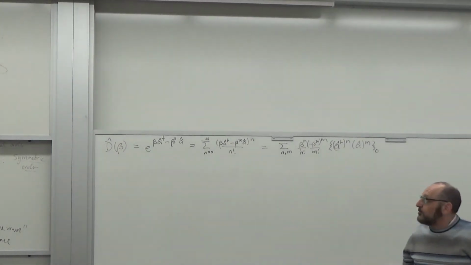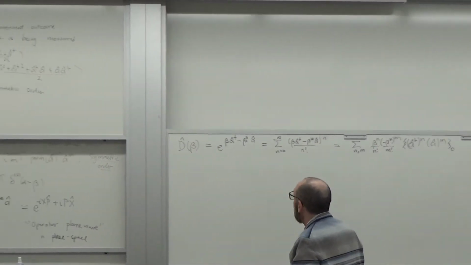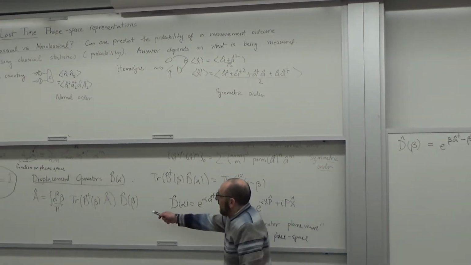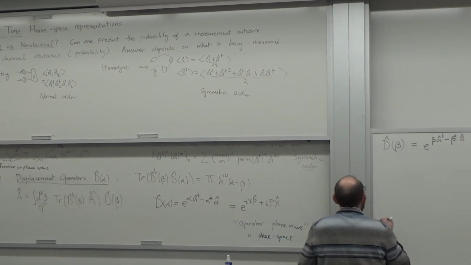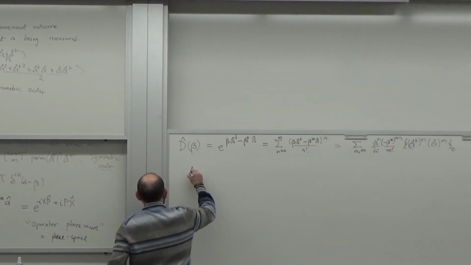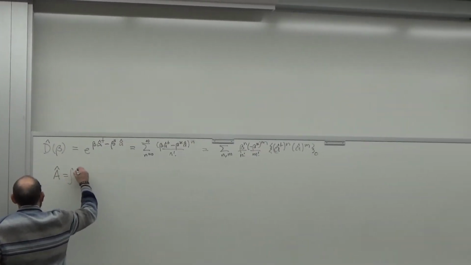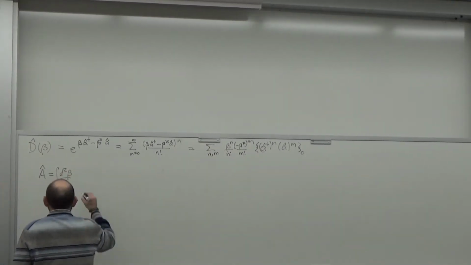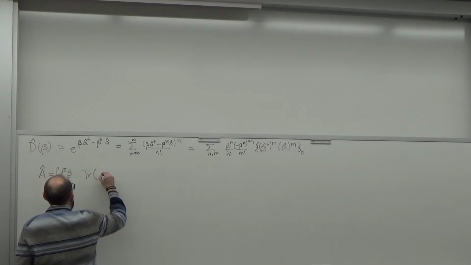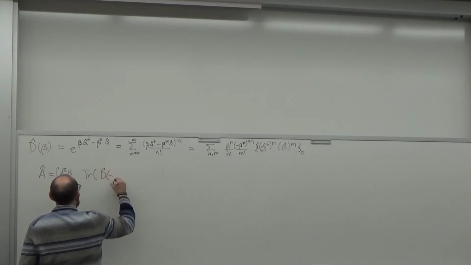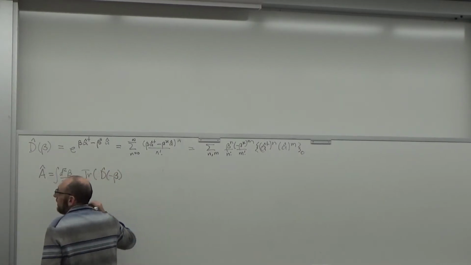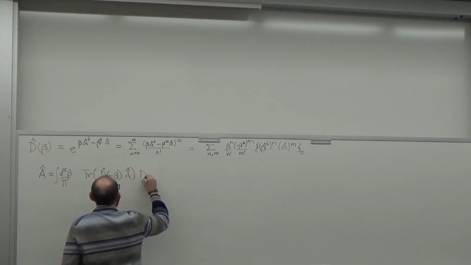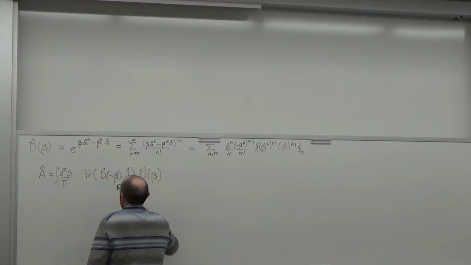Okay? Now, it is the convention, so let me rewrite this expansion over here. I'm going to write it in a slightly different way. So let's just say the operator A is an integral over the phase space. Trace, D dagger, of course, is equal to D of minus beta.